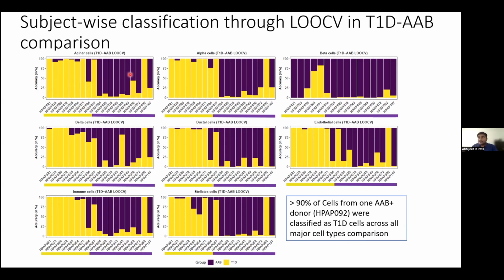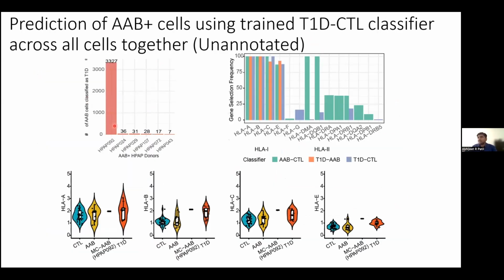Likewise, we do this for all the different cell types, and this shows the accuracy. Here, the purple bars indicate the autoantibody positive donors, and HPAP92 is always predicted as diabetic compared to other groups. So that was one of the major things we confirmed using the leave-one-out cross-validation strategy, which was already observed here.